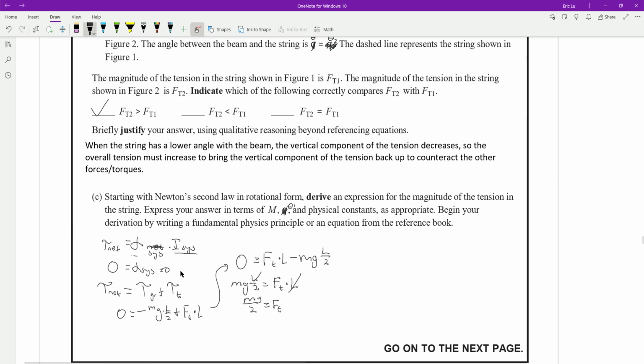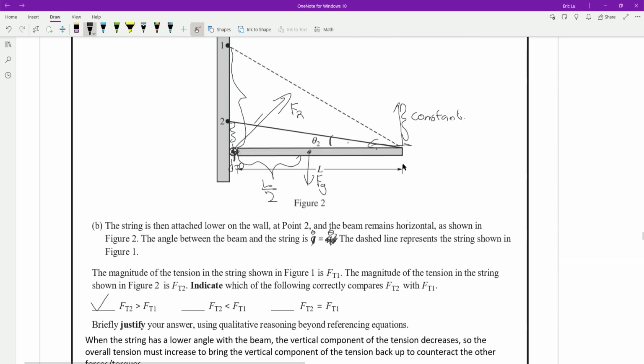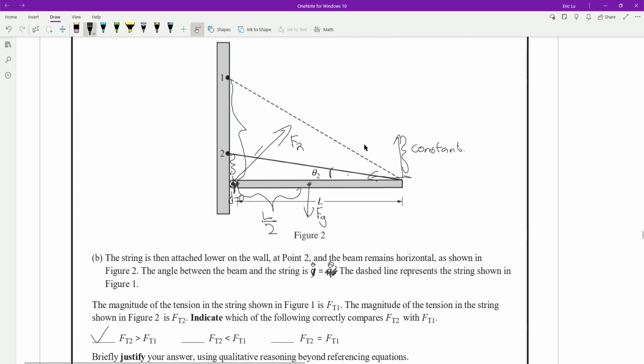Oh, one more thing. For the tension torque, you can't just use the total tension, because we need to take into account only the vertical component.